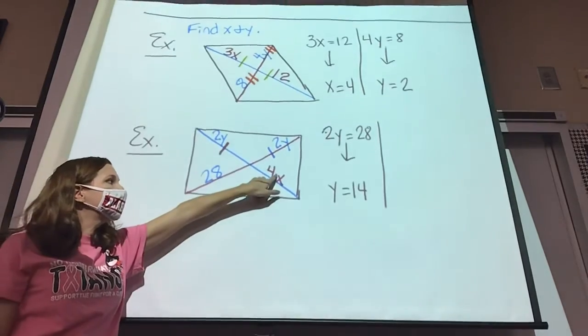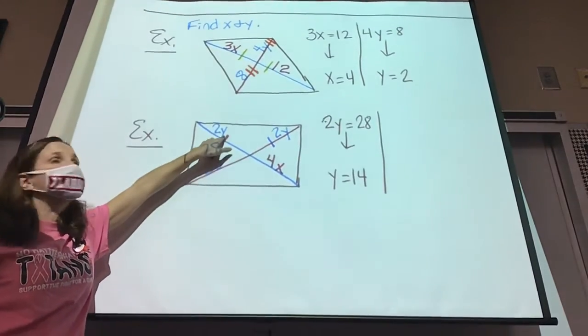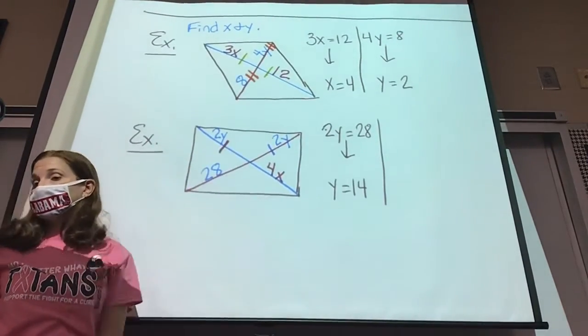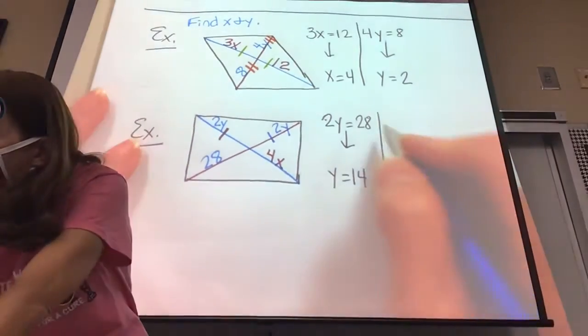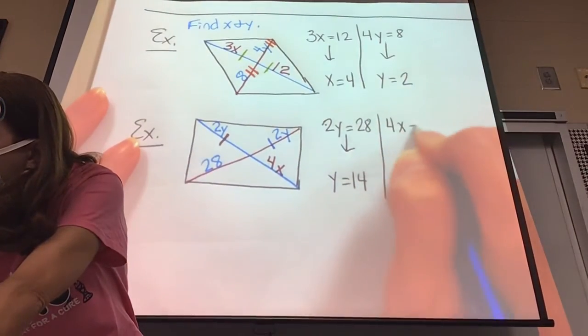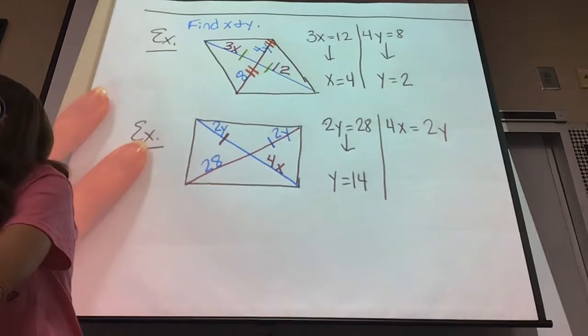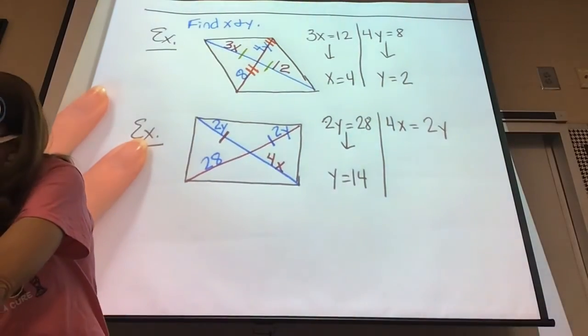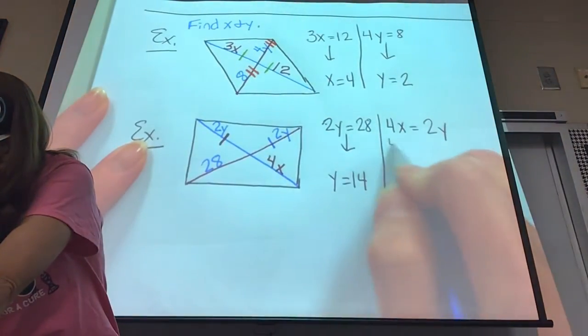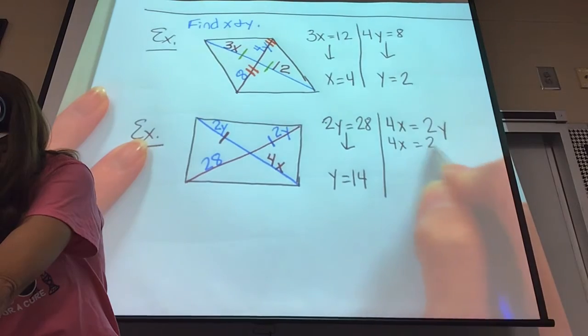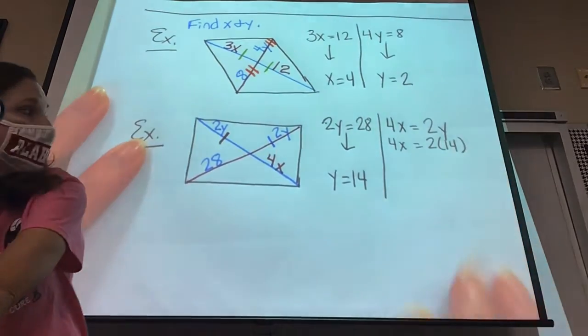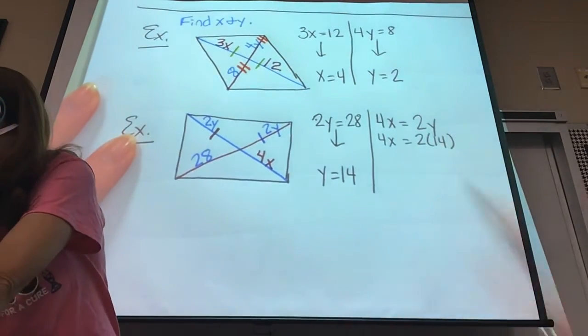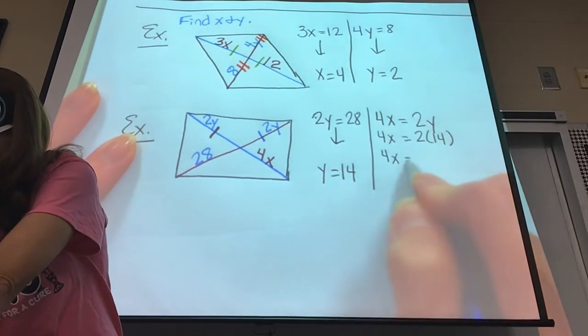So it's really 4x equals 28. So what I really have here is 4x equals 2y. But since we knew what y was, I put in 14. And it now became 4x equals 28.